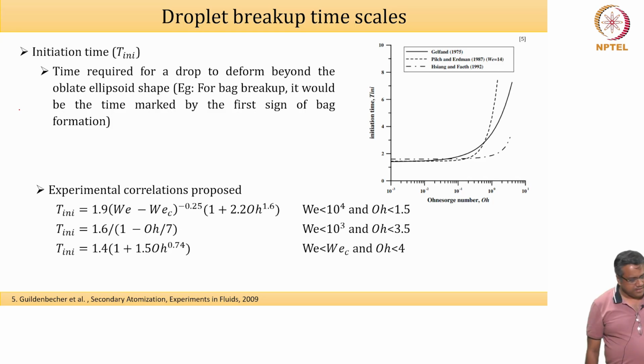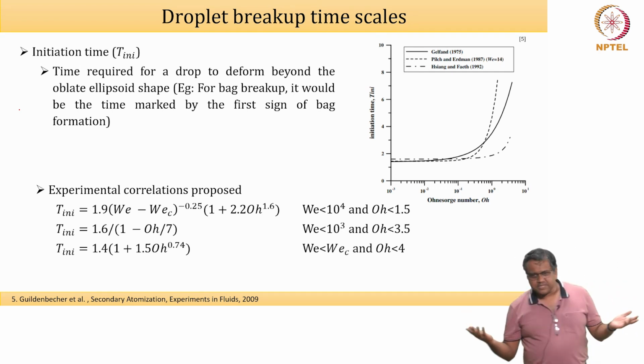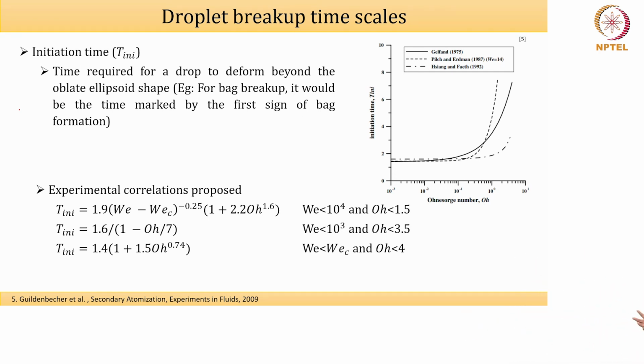All right, I will drop this, and this is a little bit of discussion on the droplet time scale that it actually requires. As you can see, this part of the literature is full of correlations. I can make one, everybody can make one, you can make one, okay? It doesn't make the situation any different. It measures the time scale and proposes something. Again, it's simple. The time that it takes for the droplet to deform and break. That's it. It's the sum total of the two time scales, and the time scale it takes for an instability to grow.